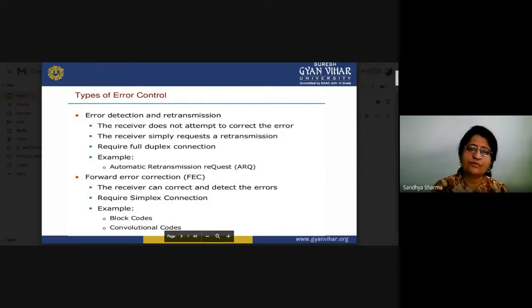Examples of forward error correction techniques are block codes and convolution codes. In this lecture, we will discuss block codes and their subclass, the cyclic codes. Now we will see what a block code is.